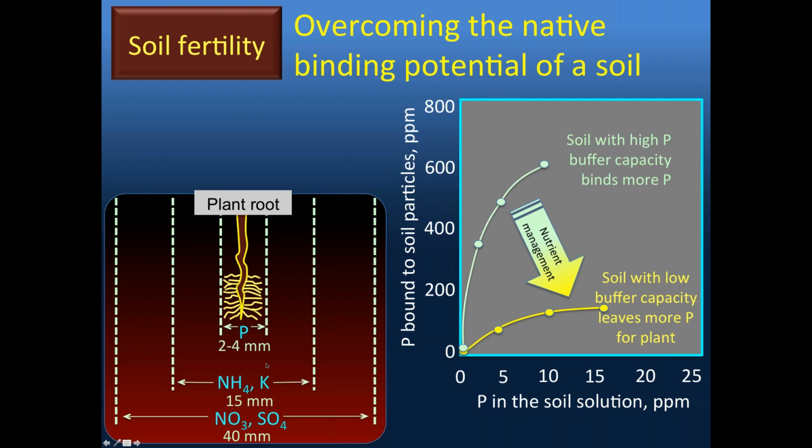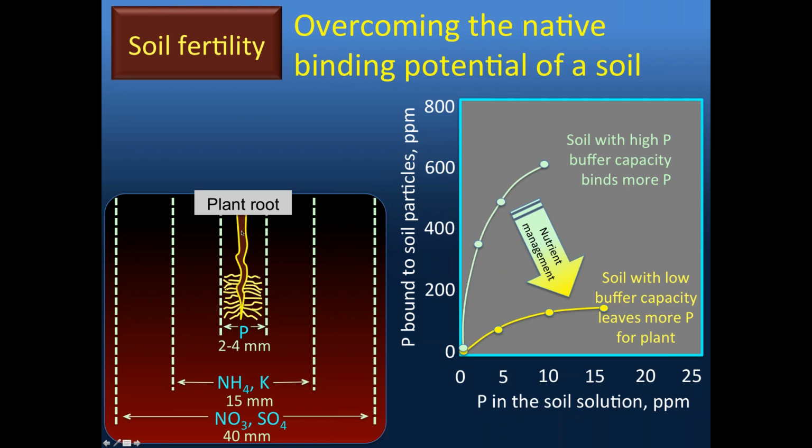It moves only a few millimeters around the rhizosphere, whereas other fertilizer elements are much more mobile and can diffuse into the root zone. So phosphorus really sticks around. Therefore, where the phosphorus is in the soil is really important.